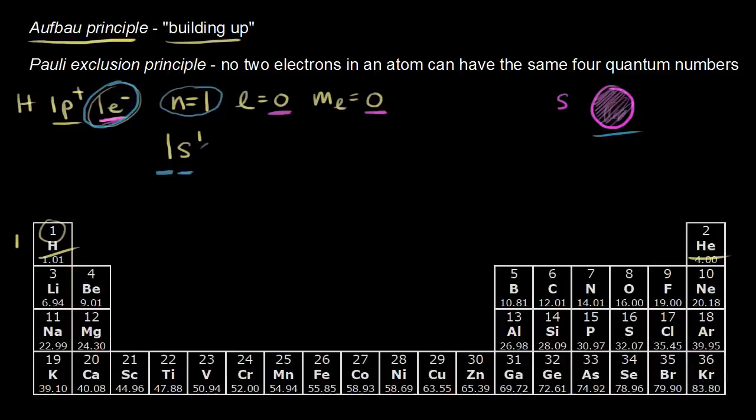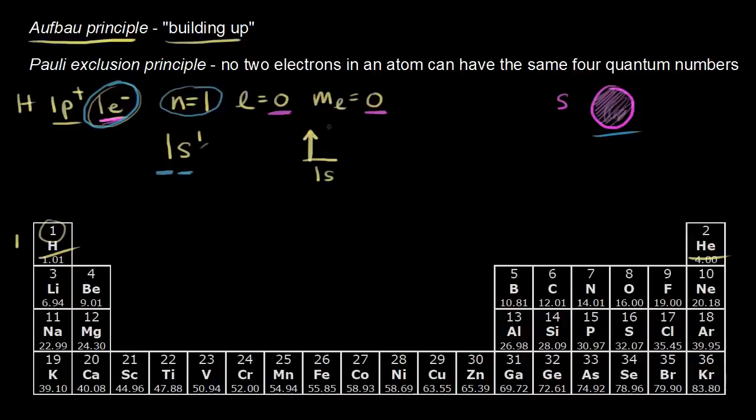There's another way to write an electron configuration, or to draw one out. It's called orbital notation. So you draw a line here which represents an orbital. We're talking about an s orbital in the first energy level, so we could label this orbital as the 1s orbital. And we put the 1 electron of hydrogen into that 1s orbital. And let's say the electron enters the orbital spin up.